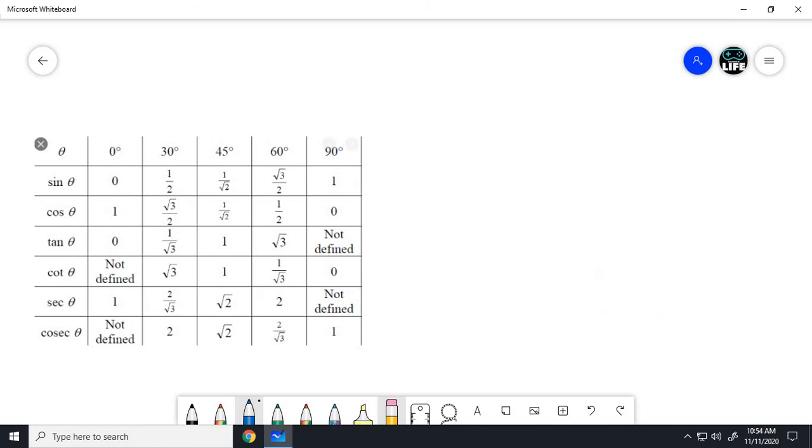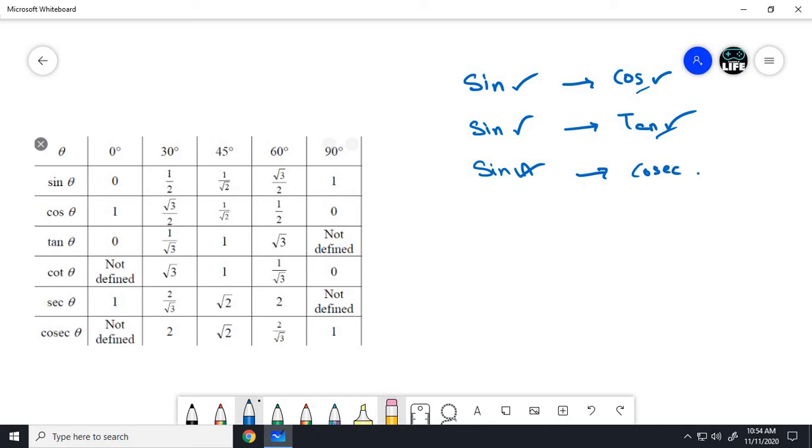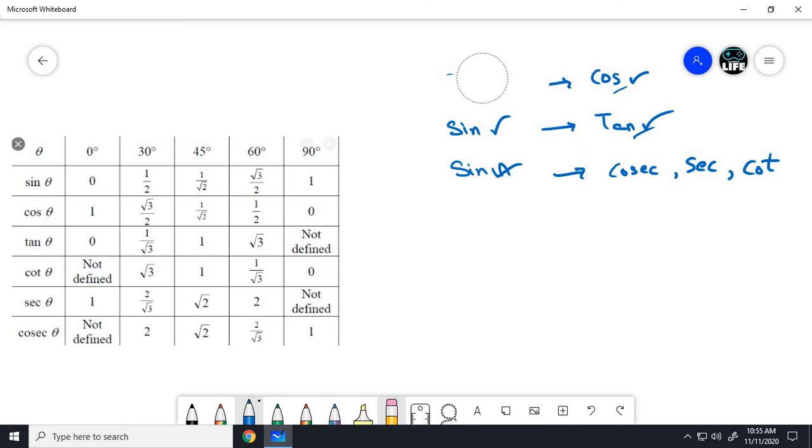If you know sine value, then you will definitely know cos value, tan value, cosec, sec, cot. So this is what I want to say. If you know the sine value, you will definitely know all the trigonometric ratios.